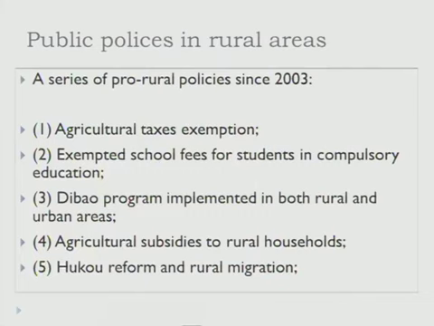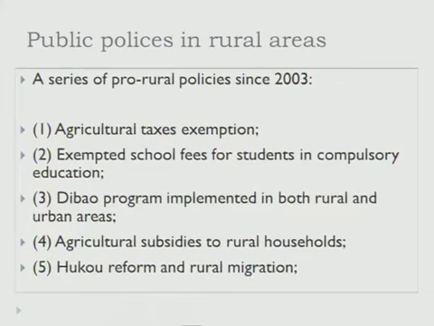Before 2007, only urban households were entitled to the DIBAO program. There are also agriculture subsidies to rural households, and in the last 10 years the subsidy has increased over time. Also, the hukou reform and rural migration, which I just mentioned.